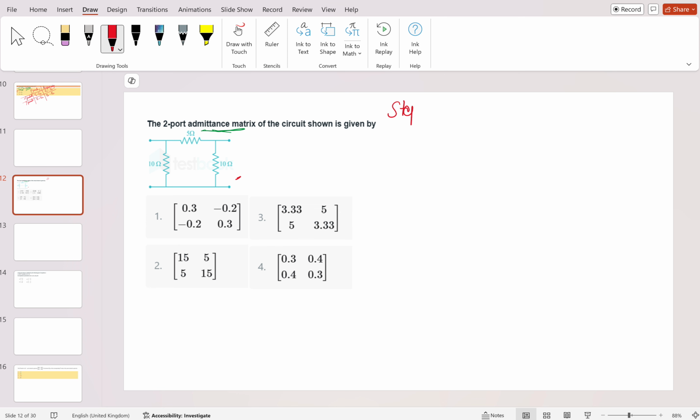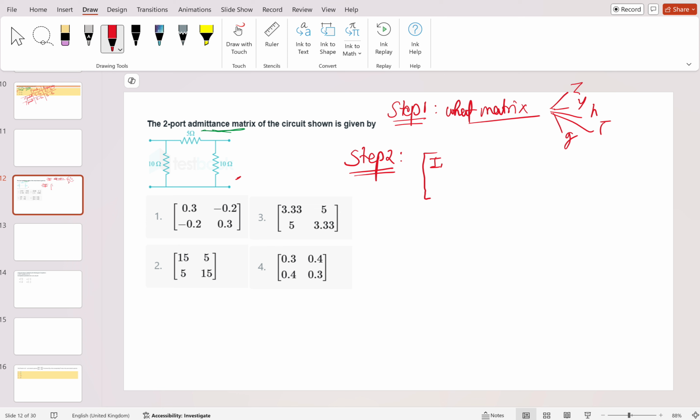Okay. Step one is to see what matrix you want to find out. What parameters you need to know. What matrix out of Z, Y, H, T or G. Now here the Y matrix I have to find. Step two is to write the relation, the relation I told in the second slide. What is the relation of the admittance matrix? What is the input variable, output variable?